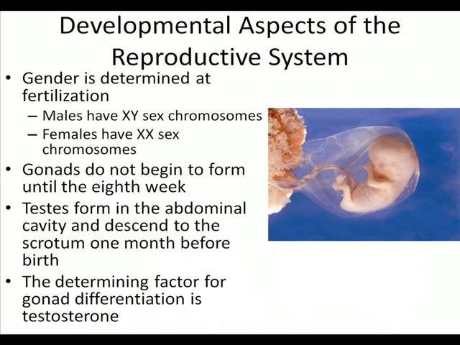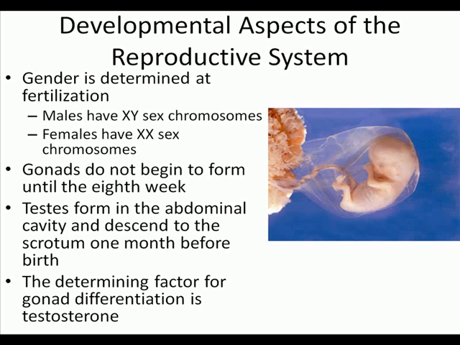There are a lot of developmental things happening during this development. The gender is, of course, determined at fertilization, where if there's an X chromosome and a Y chromosome, the fetus will be male. And if there are 2 X chromosomes, the fetus will be female.